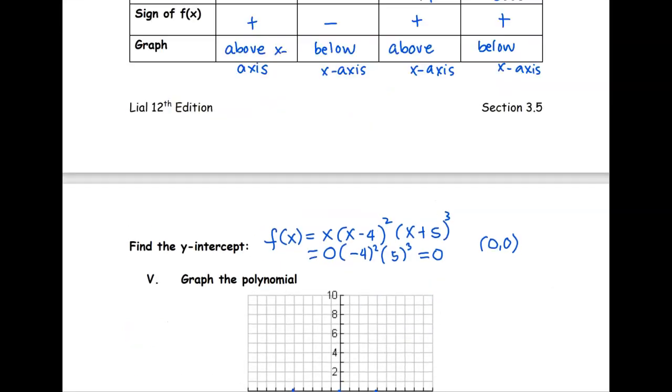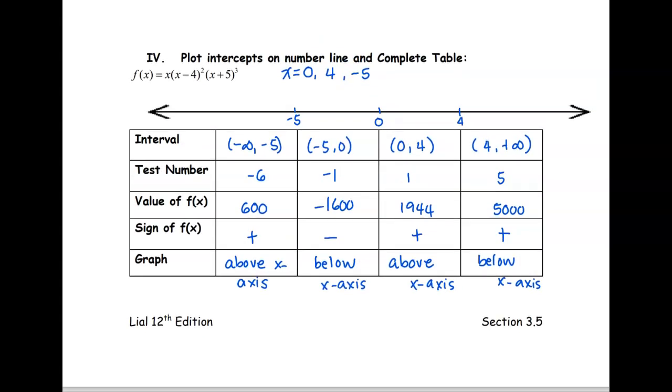Then we can refer to this table here. From the interval negative infinity to negative 5, the graph of the function is above the x-axis. Between negative 5 and 0, it is below the x-axis. It is above the x-axis for 0 to 4.